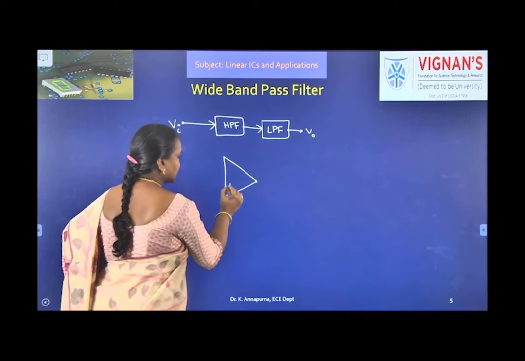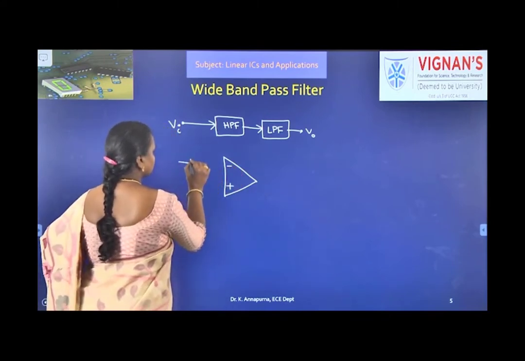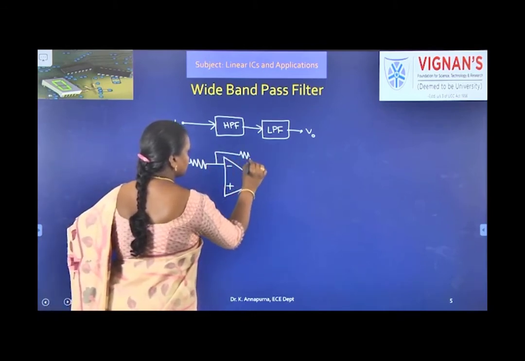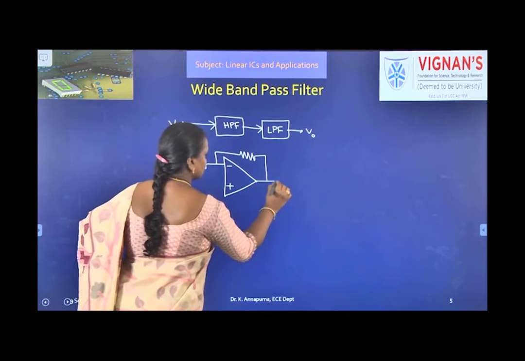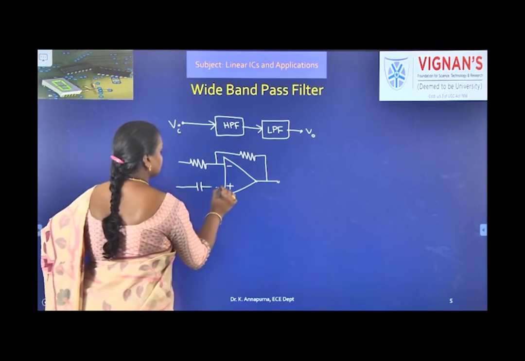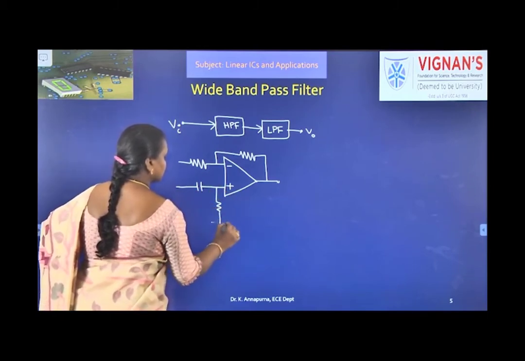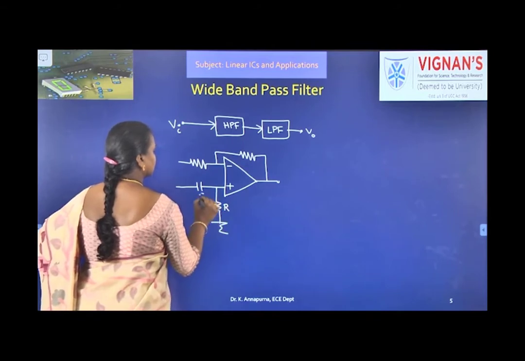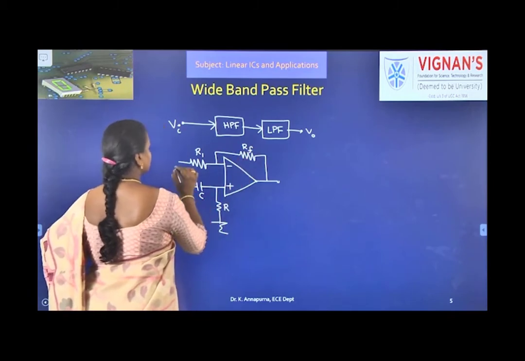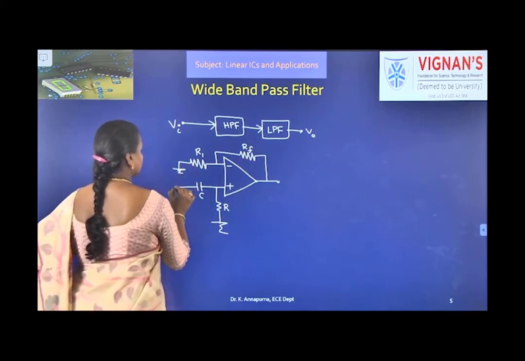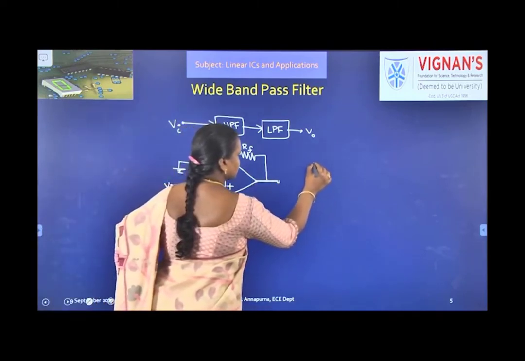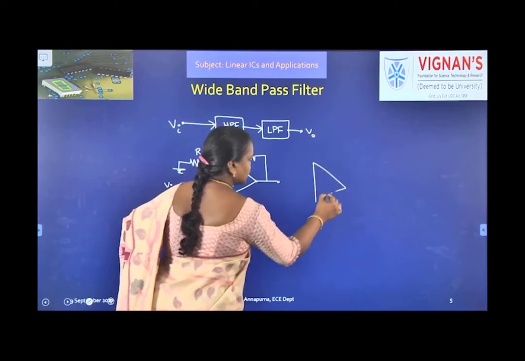So first order high pass means, and this is low pass.